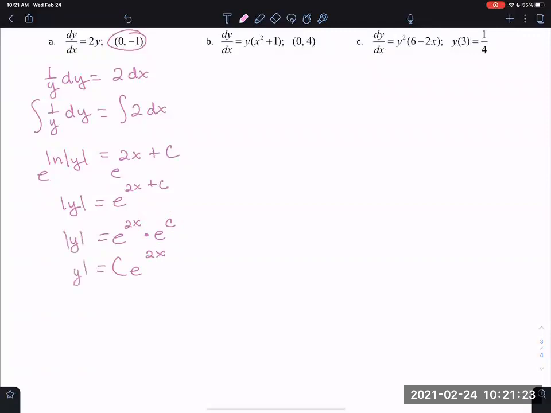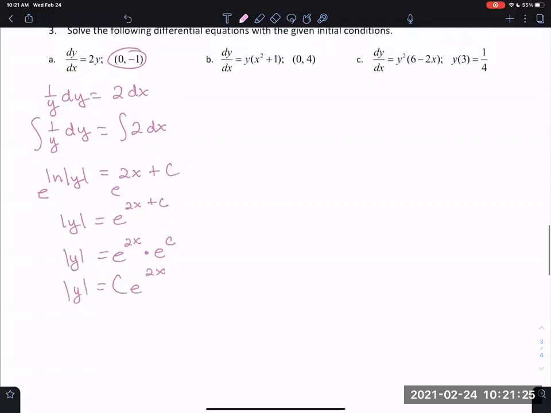And the reason I'm going to trail this absolute value down is because when I'm plugging in to solve for C, absolute value means the positive and the negative of whatever you're doing, right? It's plus or minus.